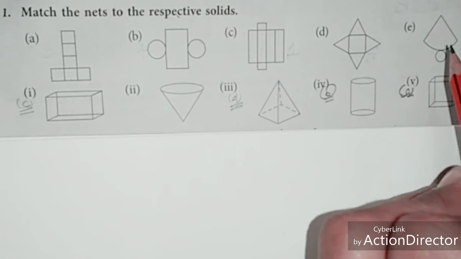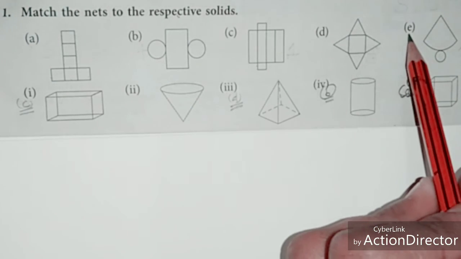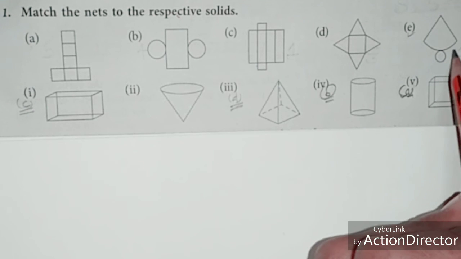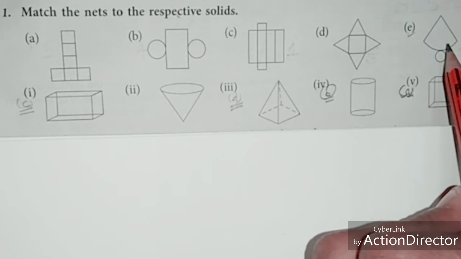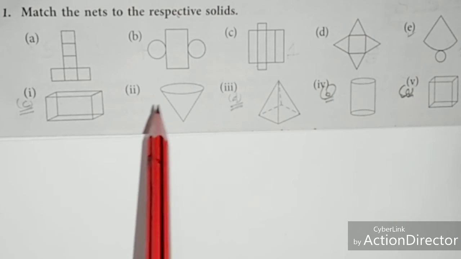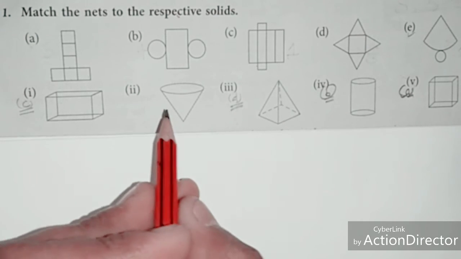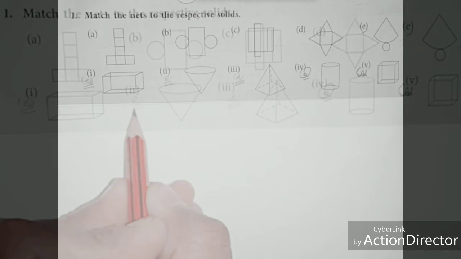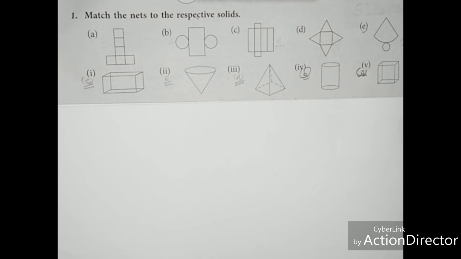Now the last net has 1 circle and 1 triangle. So this figure matches with this solid, and here we write E. So these are some nets and solids.